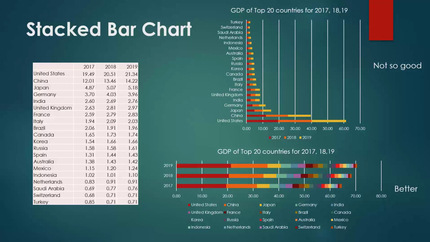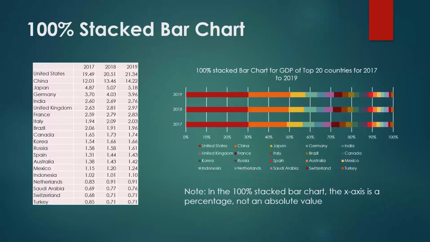So this is better. And just like we saw a 100% stacked column chart, you can draw a 100% stacked bar chart. So here on the x-axis, you don't see the GDP numbers, you see a percentage, not an absolute value. So let's see how to do these charts in Excel.